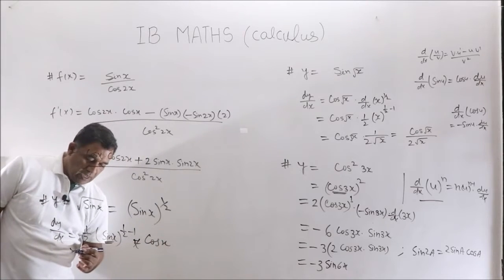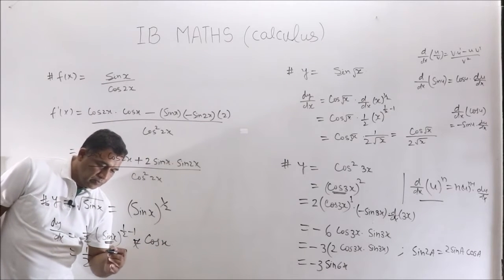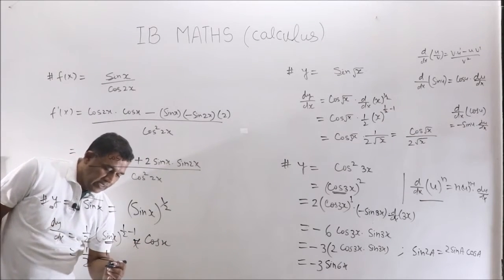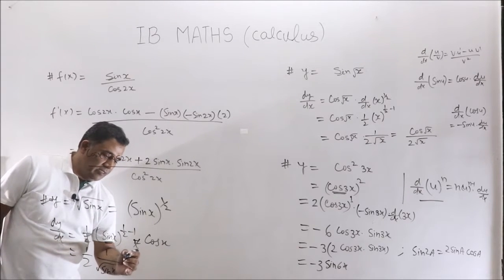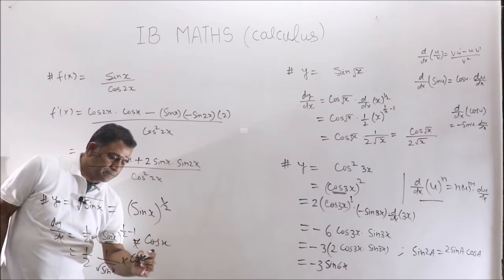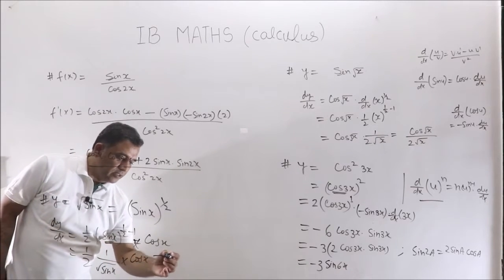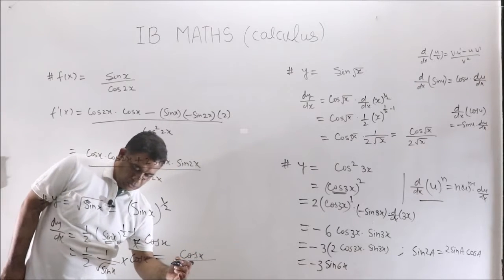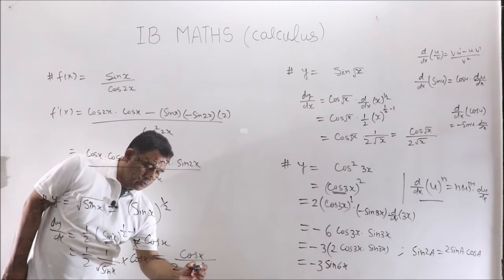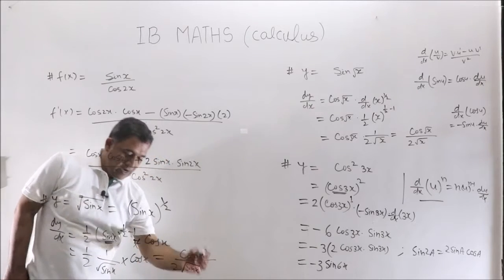Now this goes down as a square root of sine x times cos x. We can write in one line: cos x over 2 root sine x.